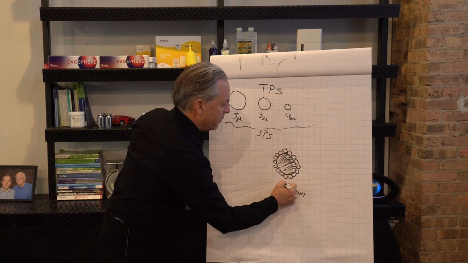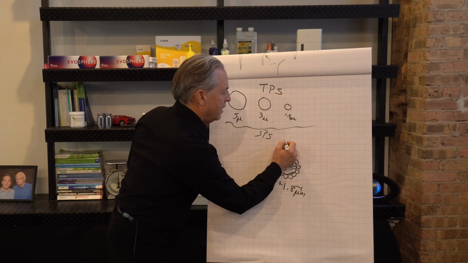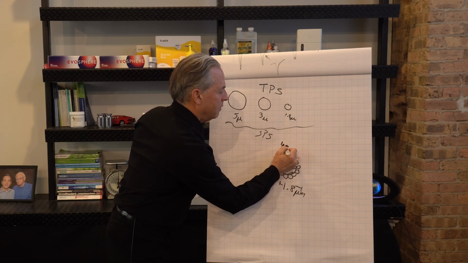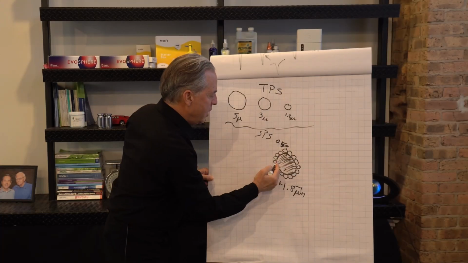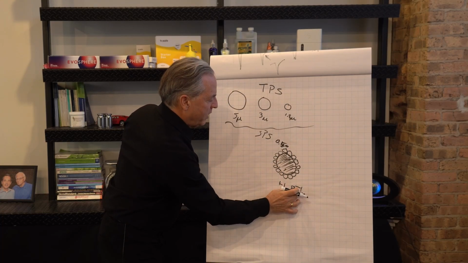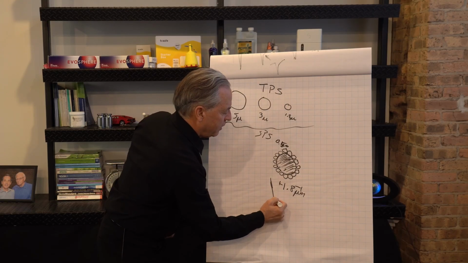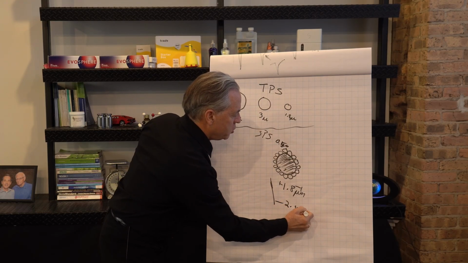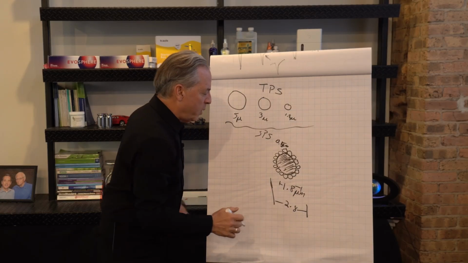So 1.8 would be from there to there. And these tiny little things are, let's say, 1 micron, or half a micron, 0.5 micron across. So that means it's 1.8 plus a half. So the particle itself is 2.8. The solid support in the inside is 1.8.